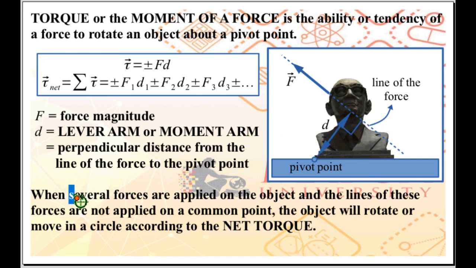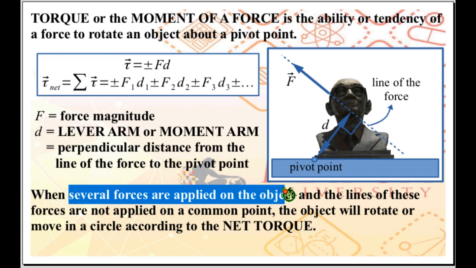When several forces are applied on the object, and the lines of these forces intersect at a common point, meaning the forces are basically applied on a common point, the object will move in a straight line according to the net force.